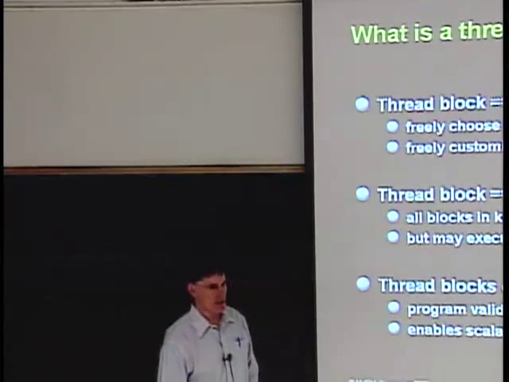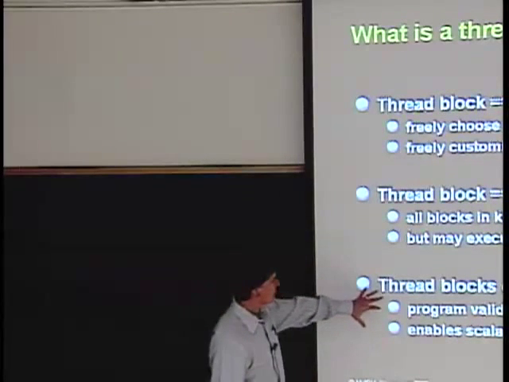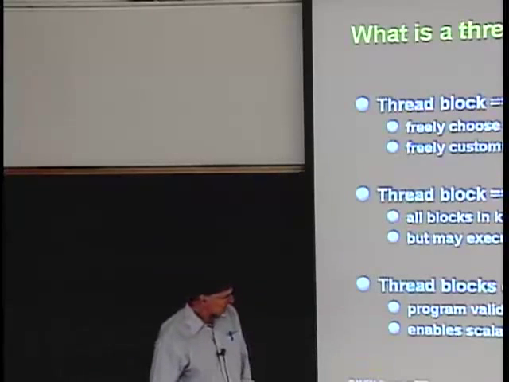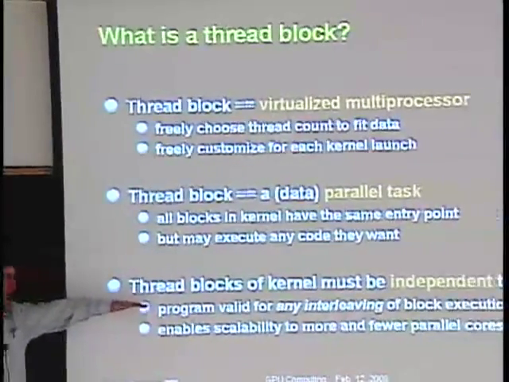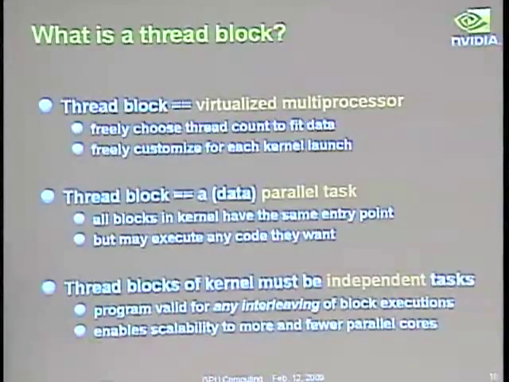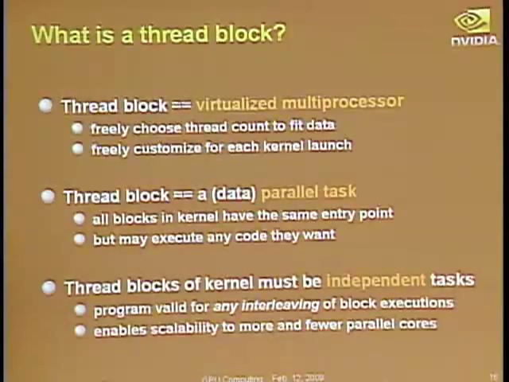Okay, so today that's tricky in CUDA, and the reason is we want scalability. So this last bullet kind of gets at that, and I have another slide coming up after this. In CUDA today, we say that the blocks within a kernel have to be independent, and the reason is that it allows us to run that same CUDA program on a processor which can only run one block at a time, or on one of those big ones that can run, say, 100 blocks in parallel at the same time.